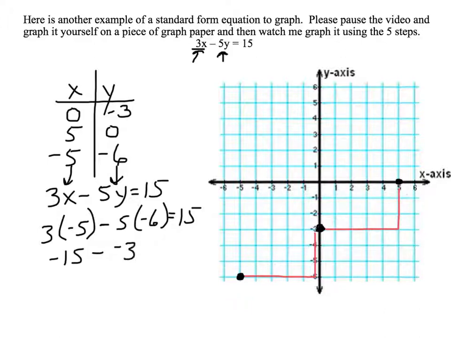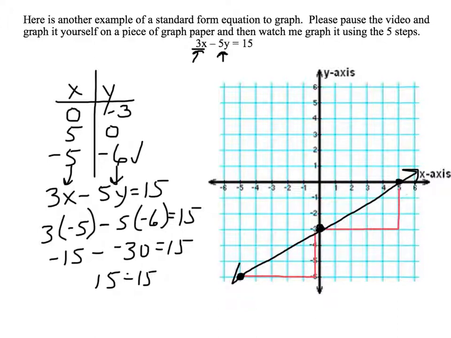Subtract a negative 30 does equal 15. And negative 15 subtract negative 30 does equal 15. So this particular point works. Then, because I know that particular point works, I can go through and graph my line, and that would be how to do that particular problem.